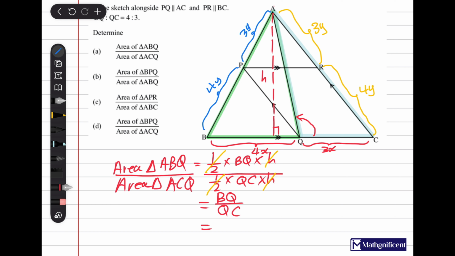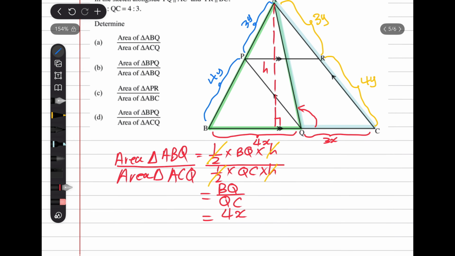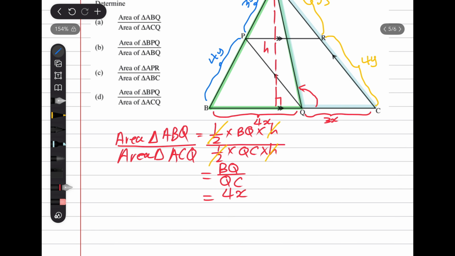Hence, as we stated before, if two triangles share the same vertex, the ratio between their areas is equal to the ratio between their bases. BQ is base number 1, which has a value of 4x, and QC is base number 2, which has a value of 3x. This simplifies to 4 over 3.